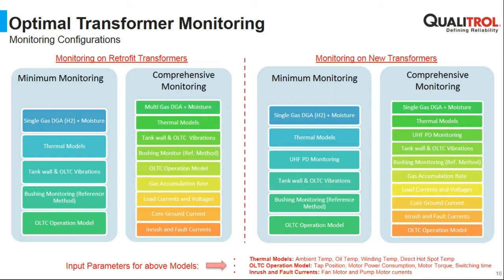And then tank wall and OLTC vibrations. That's also a good figure to find out if, for example, you have a problem after a through fault, if the clamping forces of the transformer winding are still okay.